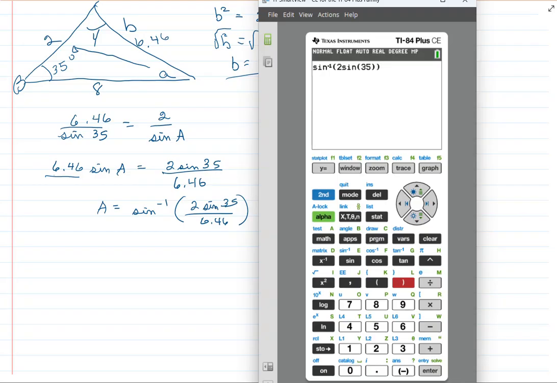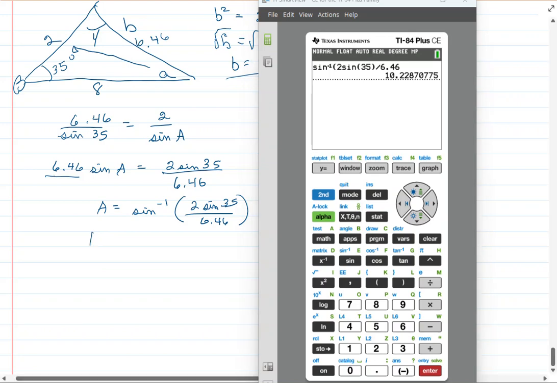Oops, what did I do? Oh, I didn't need it. Sorry about that. So then we have our angle is 10.23 degrees, A. And they put just 1 decimal.